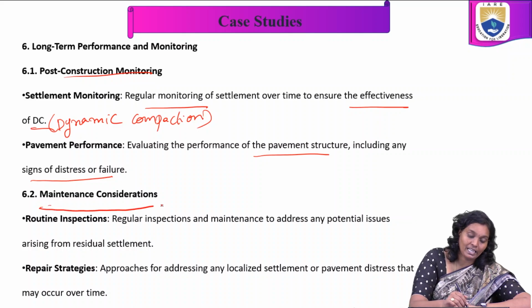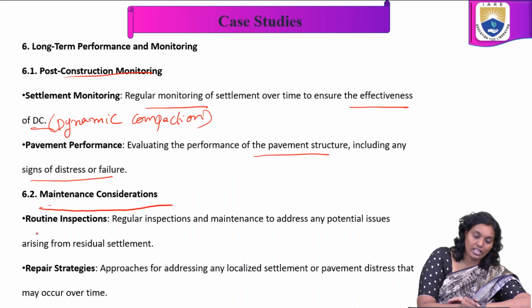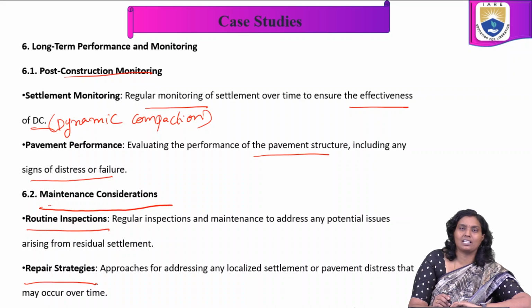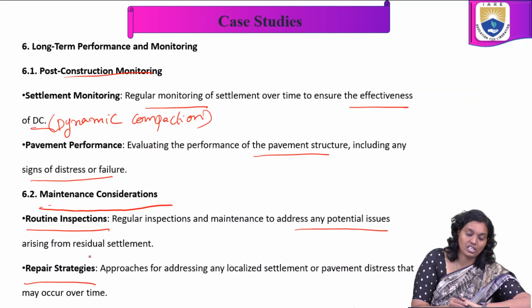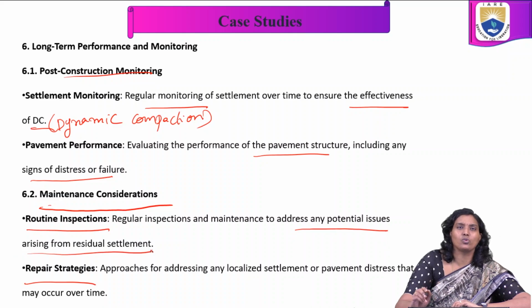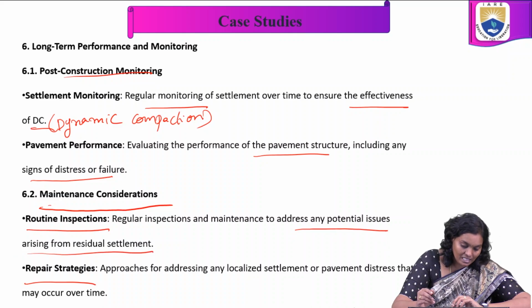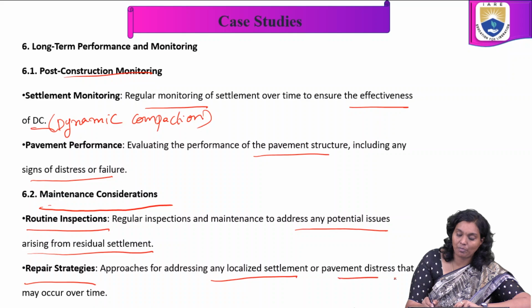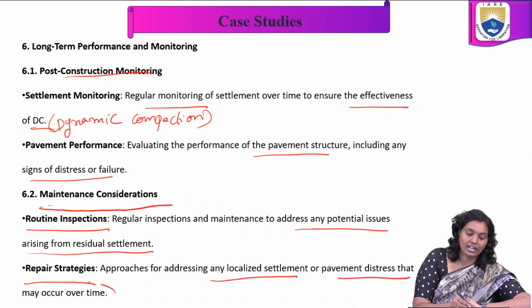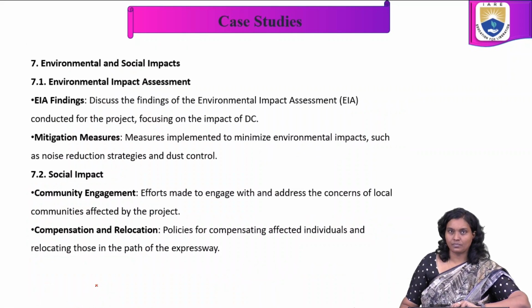In maintenance considerations, we have routine inspections and repair strategies. Regular inspections and maintenance address any potential issues arising from residual settlement. For understanding this residual settlement, we have to choose this. In repair strategies, we have approaches for addressing any localized settlements or pavement distress that may occur over time.